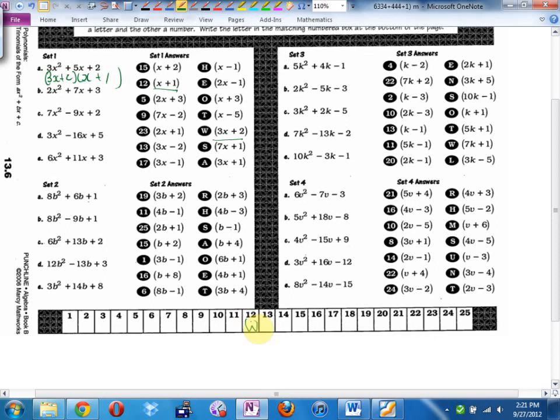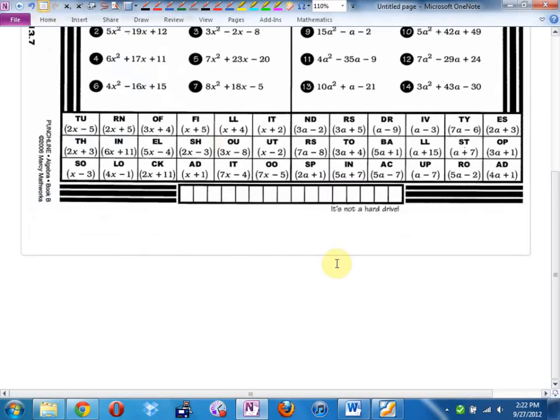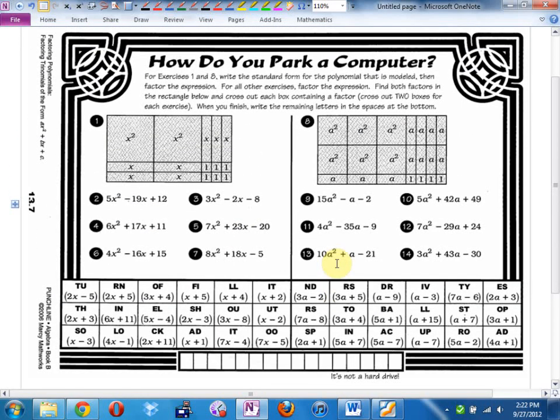Okay. So set 1 goes with set 1 answers, set 2 goes with set 2 answers, set 3 goes with set 3 answers, set 4 goes with set 4 answers. That's a total of 20 questions. Turn the page over. Okay. Number 1 and number 8 are starting out with some tiles.